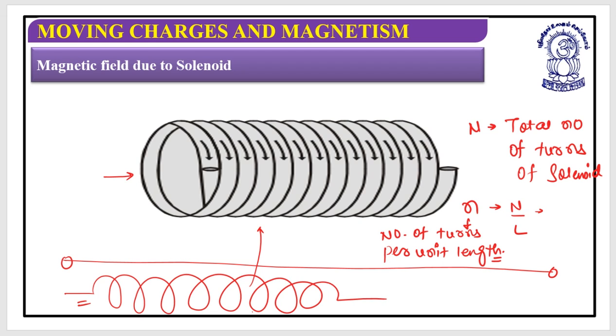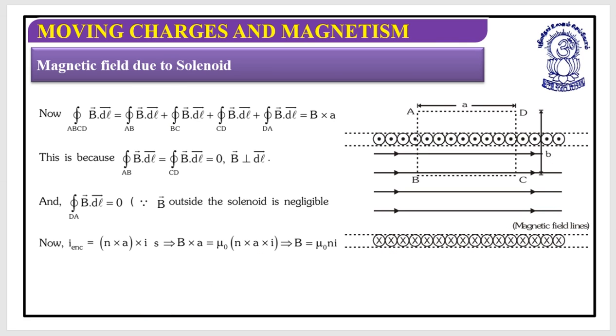Small n is the number of turns per unit length. Let's assume that I amount of current is flowing, and then we find the magnetic field due to the solenoid. Before we switch to that, do you understand what a solenoid is? Yes. Now let's look at the magnetic field due to a solenoid according to Ampere's circuital law.